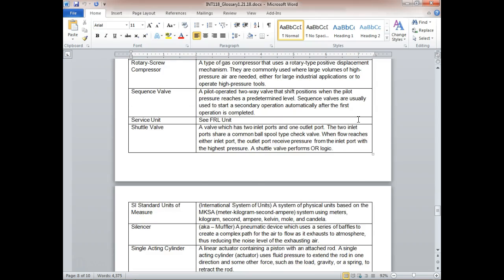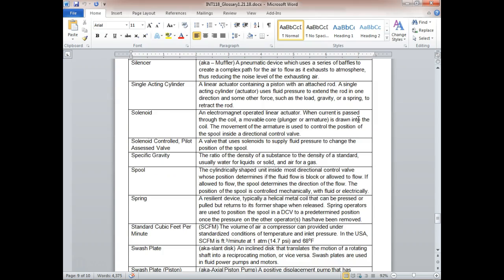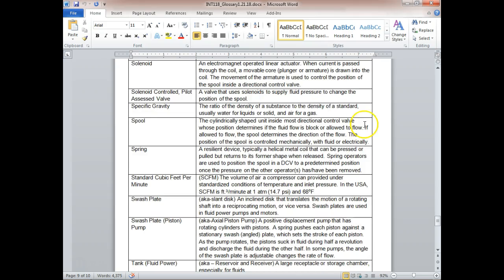The volume of air a compressor can provide under standard conditions of temperature and inlet pressure in the USA is cubic feet per minute at 68 degrees Fahrenheit. So we were kind of wrong. I thought it was 60, but it's 68 degrees Fahrenheit, which is pretty standard for rating things, around 70 degrees.